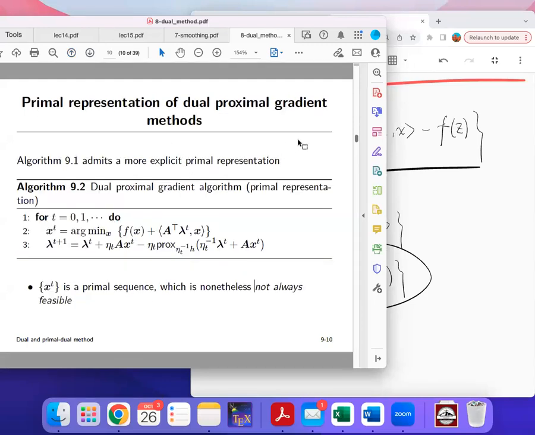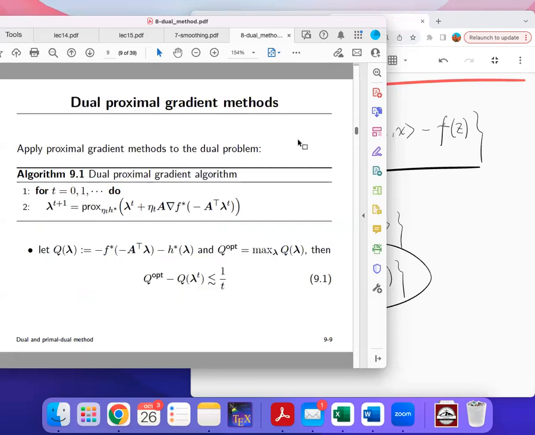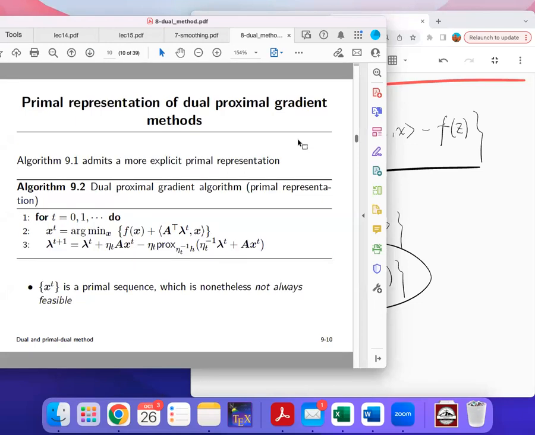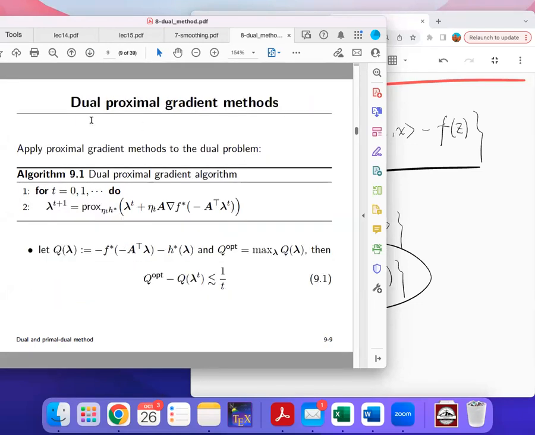We have some proof or justification of this. It is not clear how to rewrite this single line of update into two lines of updates, especially how to get rid of this f star and h star.